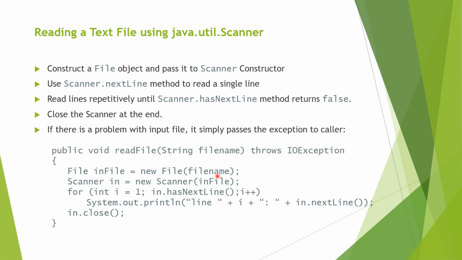Although we call this a string file name, it can be the path of the file followed by the file name. For example, assuming that you have stored your file in a directory called input, then the file name can be something like input slash results.txt.